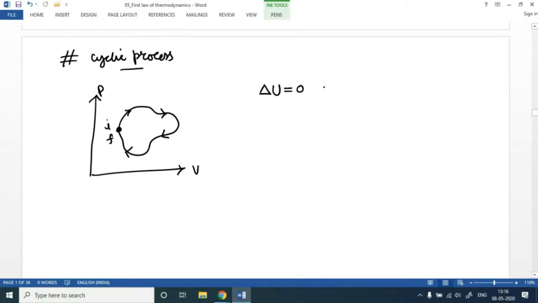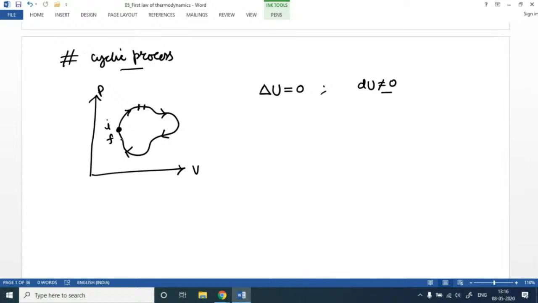Please notice, for a cyclic process, dU you cannot say is equal to 0, because for a small part of this process, the temperature may change. But since for the whole process the initial state is equal to the final state, delta U will be equal to 0.